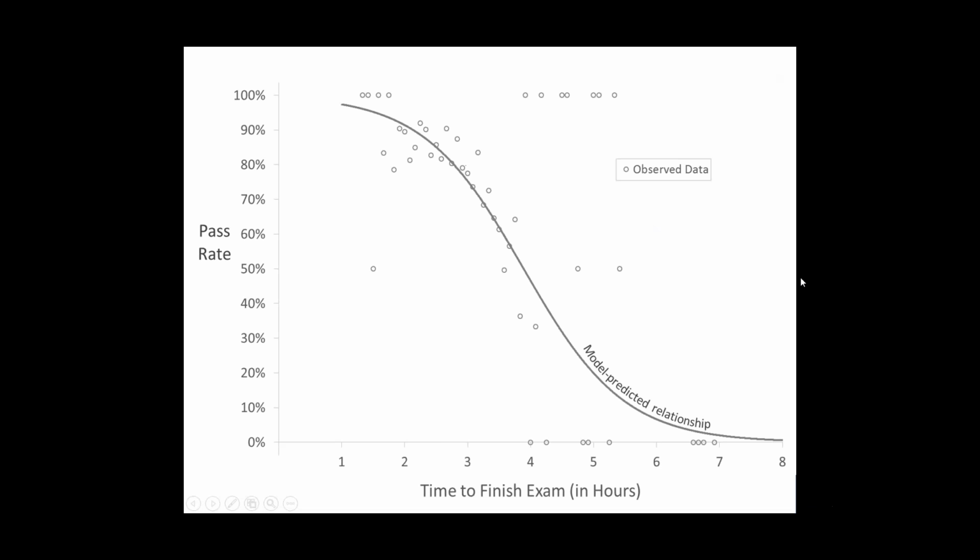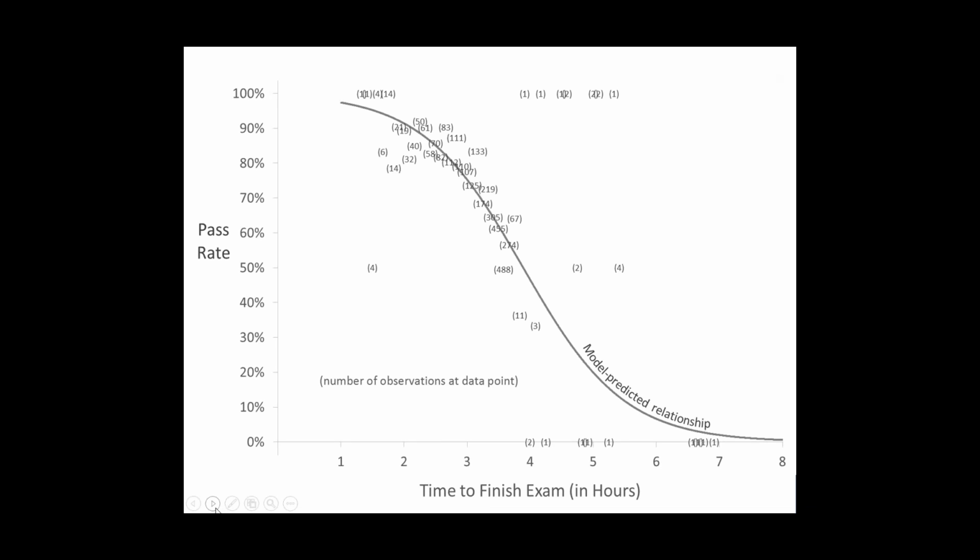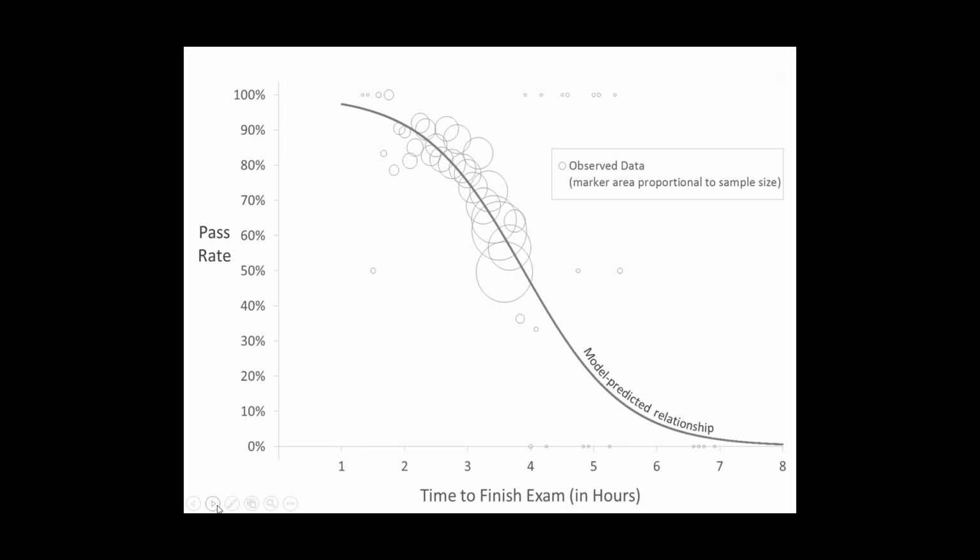How could we show that in the graph? Well, we could just count them up and replace the dots with numbers, and that gives us real detailed information, but it makes the graph a little bit busy. So I think maybe the best choice in this case would be to make the dots proportional to how many people make up each of those data points.